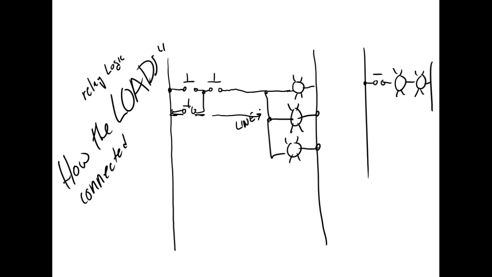So a rung's got to have at least one load, right? You understand? There's no such thing as multi-load series circuits. And that's true on relay logic too. So this right here would be one rung, but it would be 3 lines, because this guy should line up with that guy right there.